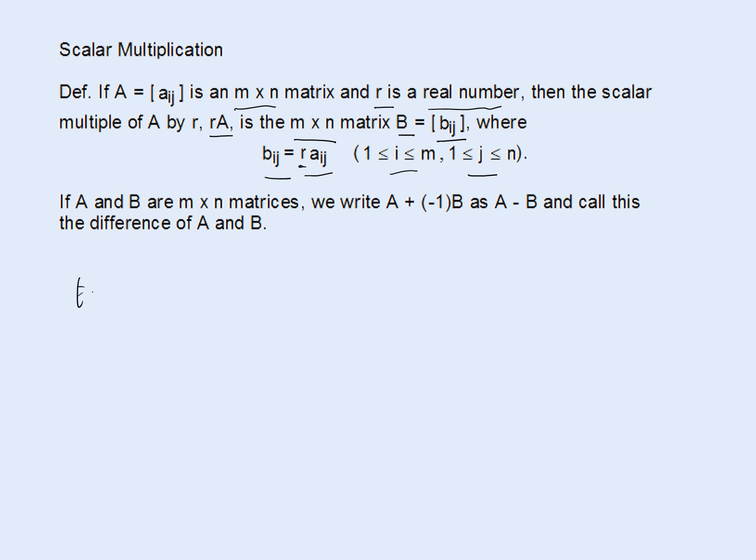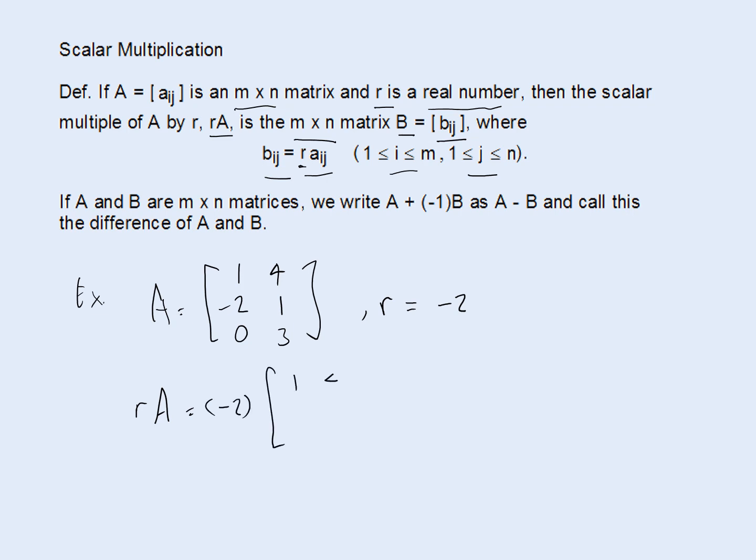Say for example, our A is the 3 by 2 matrix: 1, 4, negative 2, 1, 0, and 3. And R is a constant equal to negative 2. So RA is equal to negative 2 times the matrix 1, 4, negative 2, 1, 0, 3.